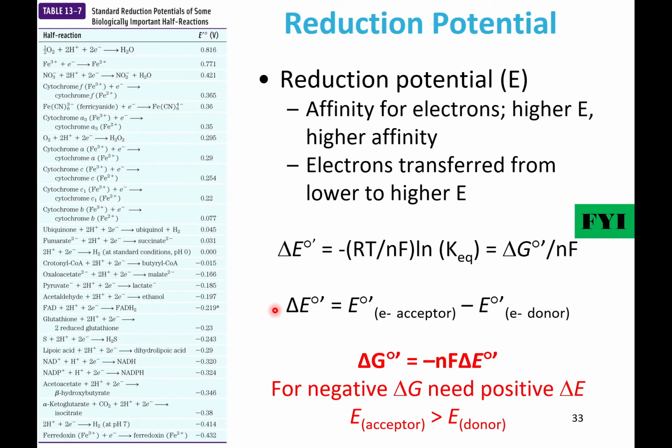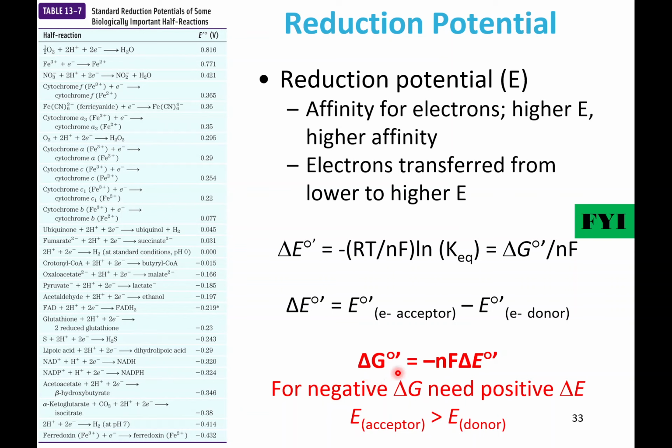Okay. The way to find this delta E value is you take the reduction potential of the electron acceptor minus the reduction potential of the electron donor. That's how you get the delta E. And this we can kind of rearrange into an equation that we can use in terms of free energy.